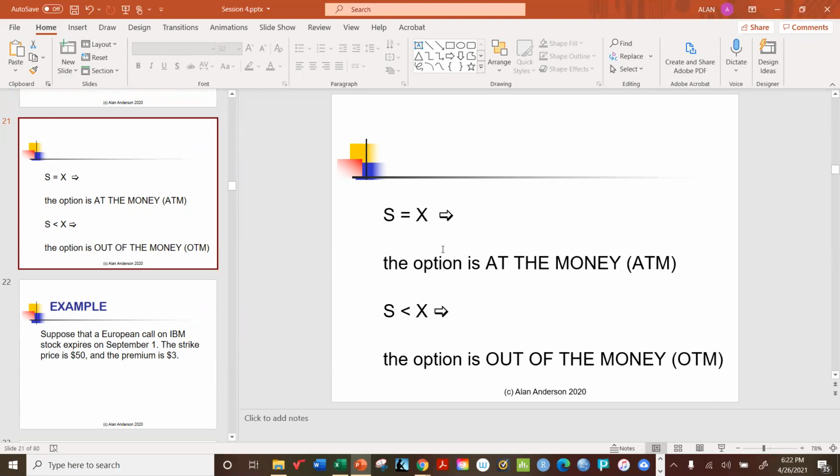And then when S is below X, then we would not ever exercise the option. We say that the option is out of the money.